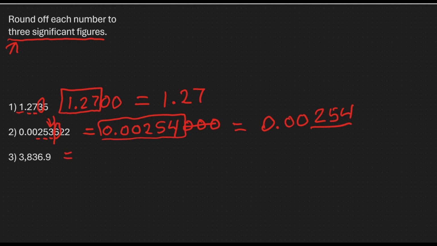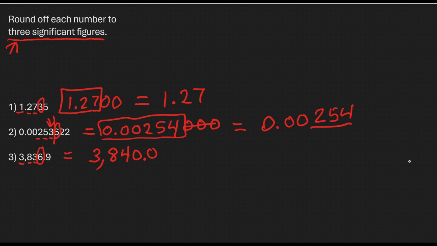And in the last example, I have the 3, the 8, and the 3. I look at the 6 to see if the 3 goes up. The 6 tells me that the 3 goes up to a 4.